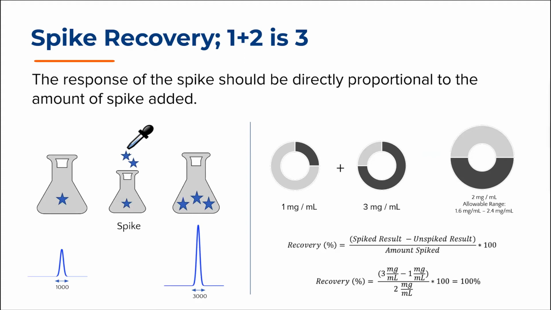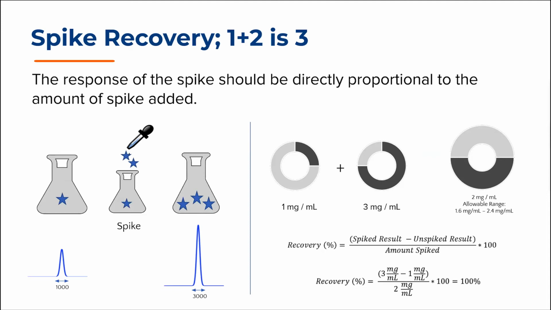Now, if we were to spike in an additional 2 milligrams of the analyte of interest to this 1 milliliter sample, this should result in a 3 milligram per milliliter solution. When we run this quote-unquote spiked sample, we get an integrated peak area of 3,000 milliAU, which from our calibration gives us a concentration of 3 milligrams per milliliter.